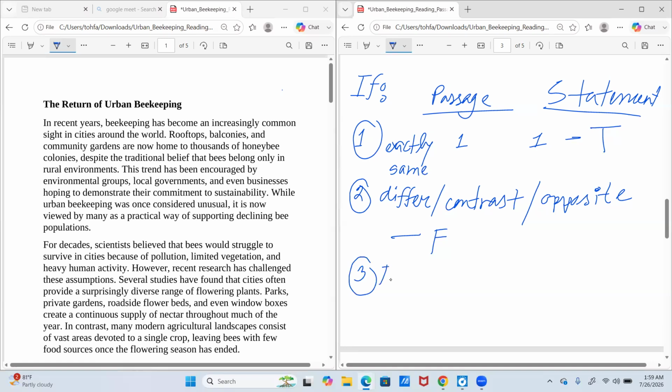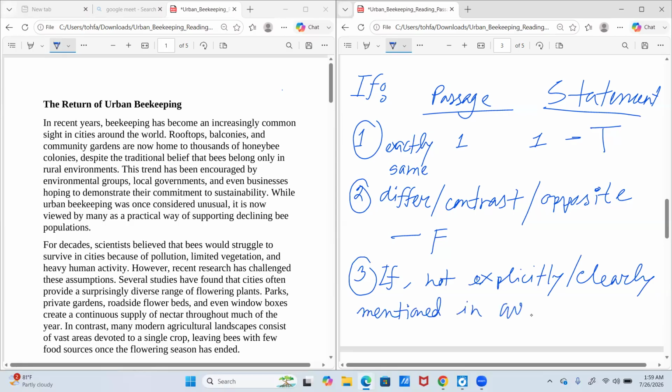If the meaning that the statement is conveying is not explicitly or clearly mentioned in our passage, then the answer would be not given, right?